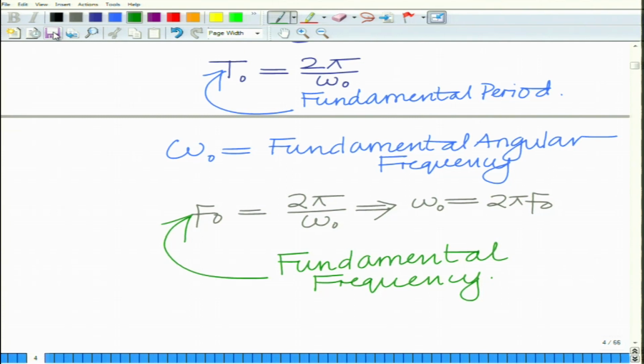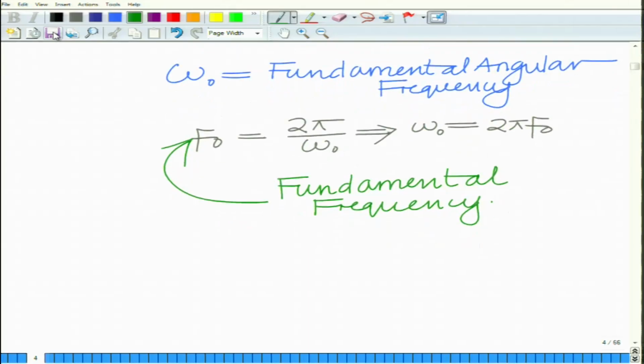Okay. So, we have a complex exponential e raised to j omega naught t that is periodic with the fundamental period T naught equals 2 pi over omega naught. Omega naught is the fundamental angular frequency, and f naught equals omega naught over 2 pi, or omega naught equals 2 pi f naught, is the fundamental frequency. Okay.